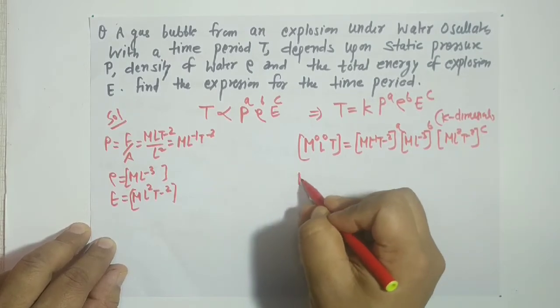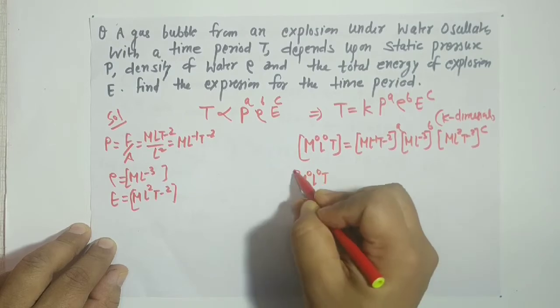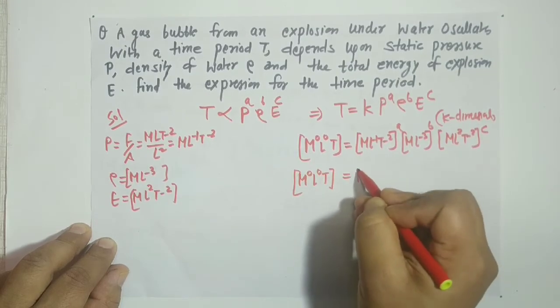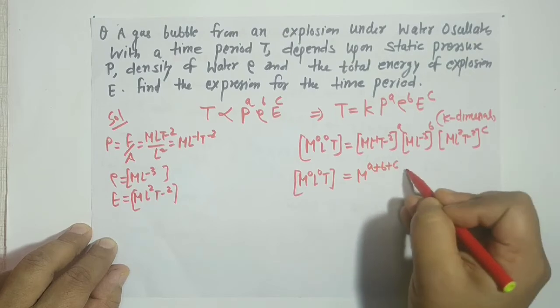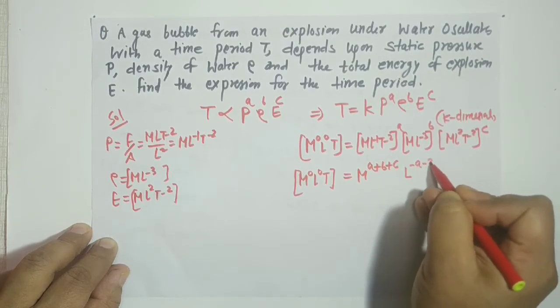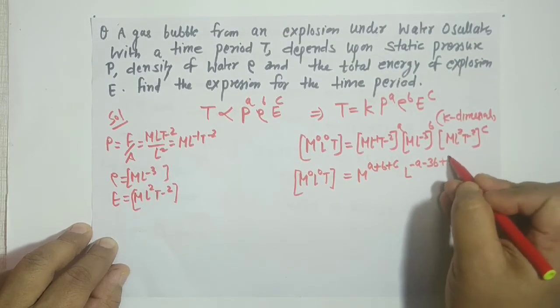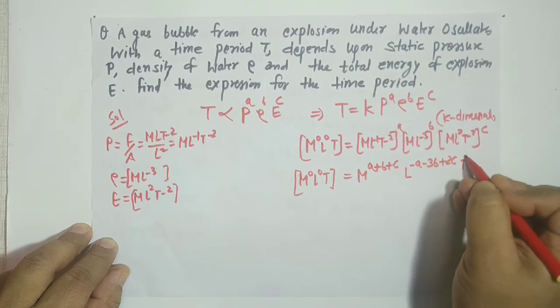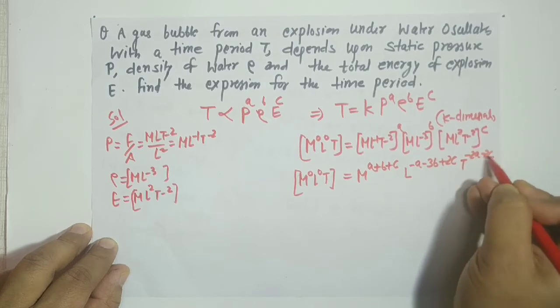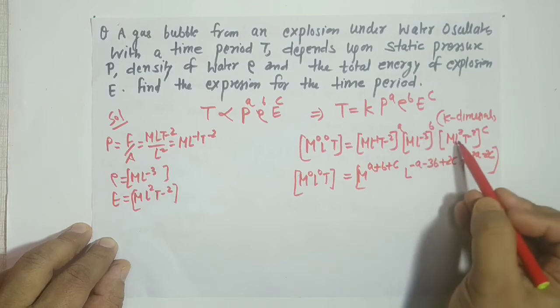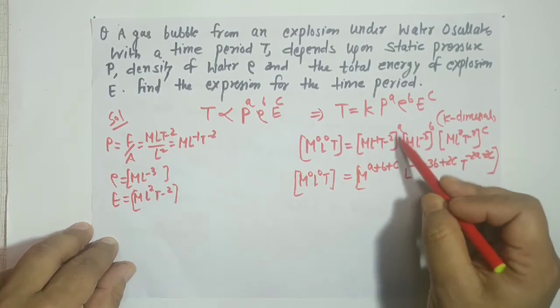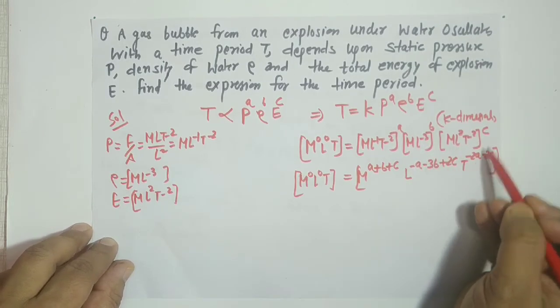Now what you do is organize by a, b, c. So M will be a plus b plus c, L will be minus a minus 3b plus 2c, and T will be minus 2a minus 2c. Are you getting it? This is the way.